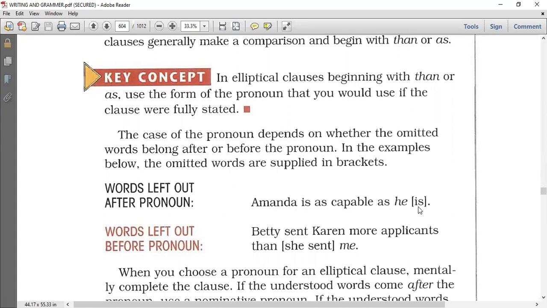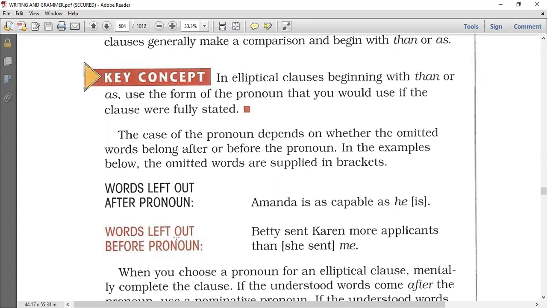Here the word is is deleted, but it's understood. So Amanda is as capable as he is, because the deleted word comes after the pronoun, so the pronoun here is the subject. So I need he. But in spoken English, we say by mistake, Amanda is as capable as him. No, it's as capable as he is.